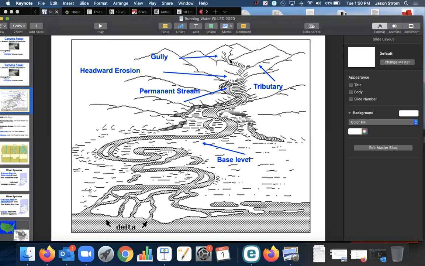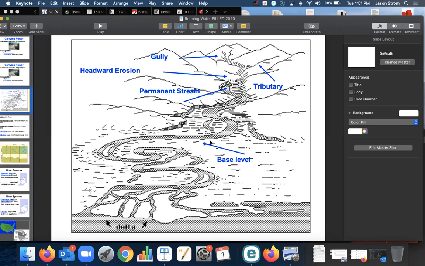It becomes a tributary and joins into a larger river, and then that becomes a tributary and joins into a larger river. Then eventually, as a mature river, it's gotten down to its base level, which is when the river has pretty much gotten down to bedrock, then it starts to move around a little bit, which we'll talk about in a minute.